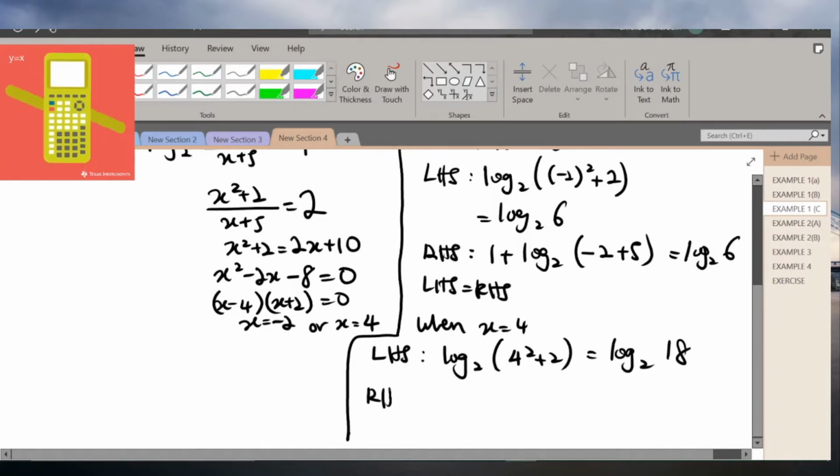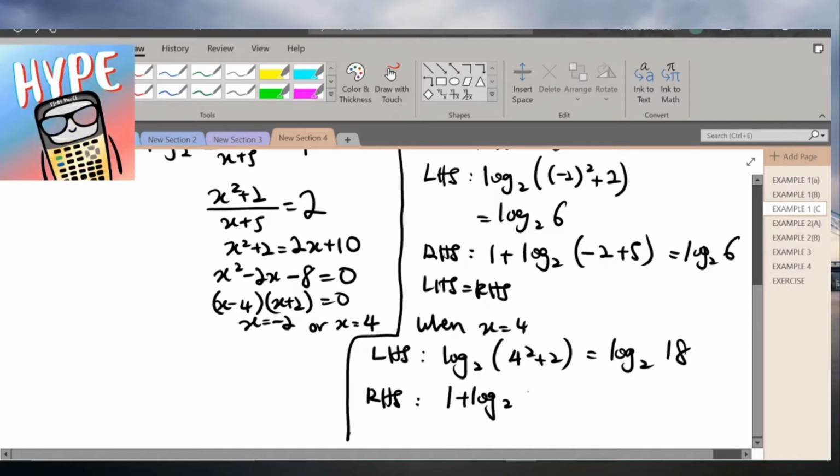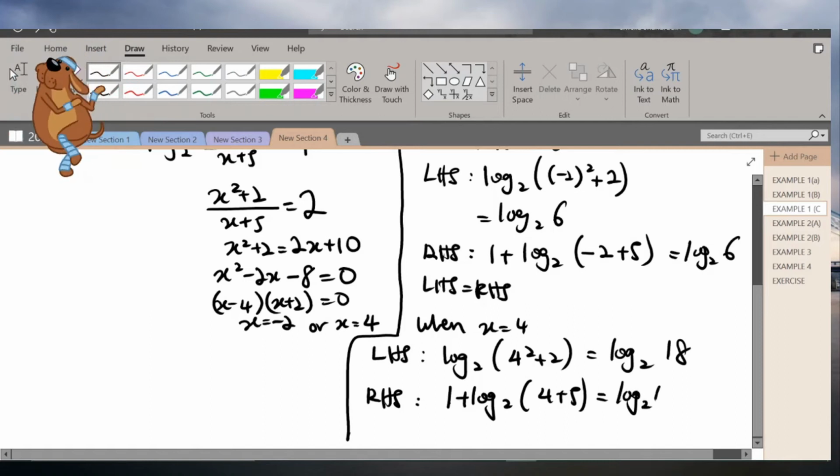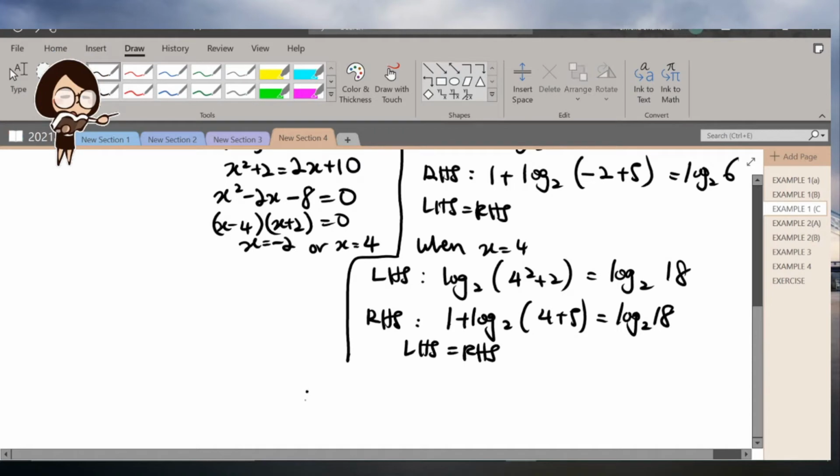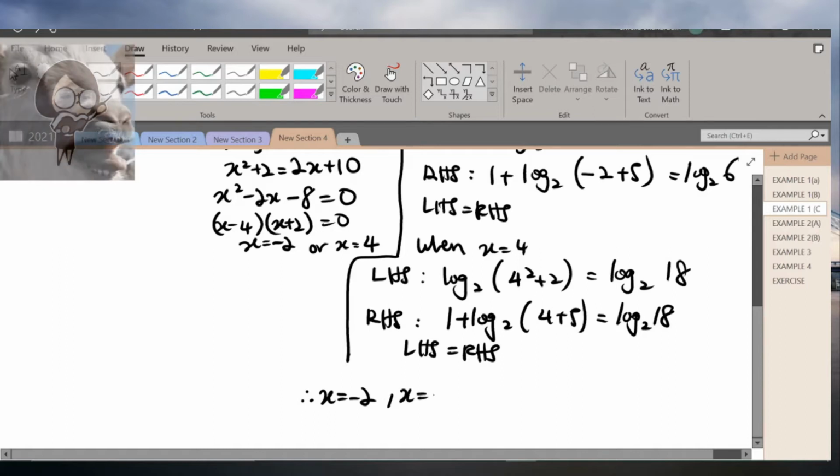For the right hand side, we will get 1 plus log base 2 of 4 plus 5, and this will be log base 2 of 18. That means the left hand side is equals to the right hand side. That means for this question, both of the answers we will accept. So the conclusion is x is equals to negative 2, x equals to 4.